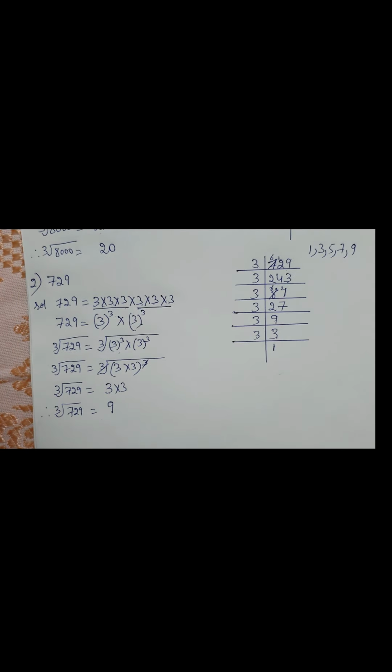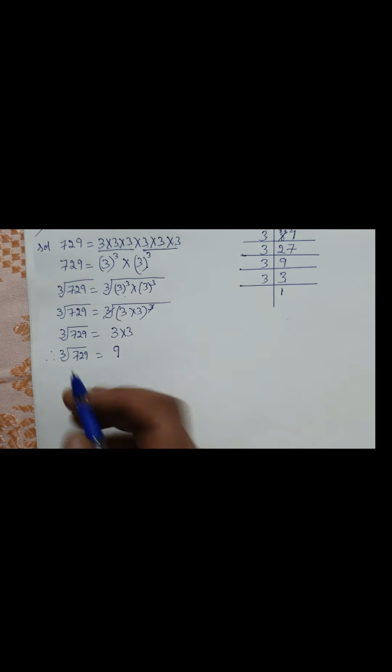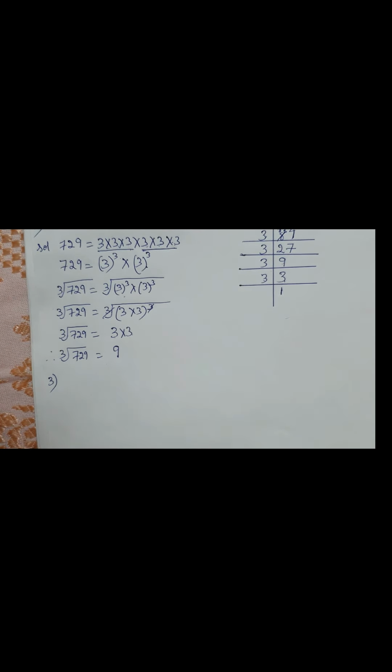Now let's do the next sum, that is the third one. The third sum is what, children? 343.